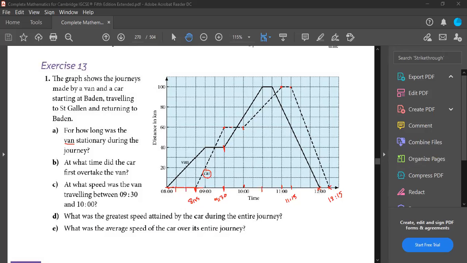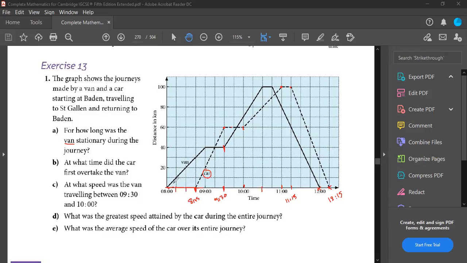Part A: for how long was the van stationary during the journey? You can write the answers down in the chat.